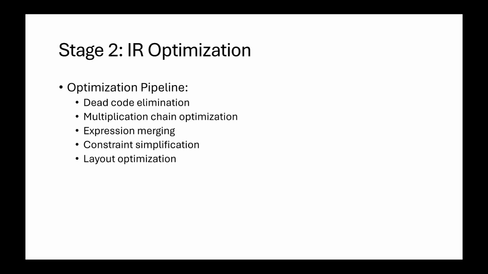There are multiple optimizations, such as dead code elimination, multiplication chain optimization, expression merging, constraint simplification, and layout optimization. Actually, there are more optimizations, but it's hard to list all of them.